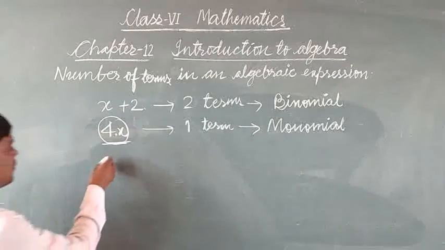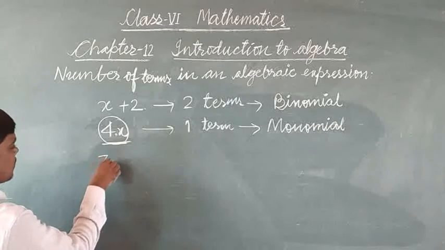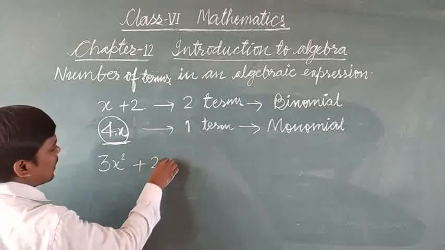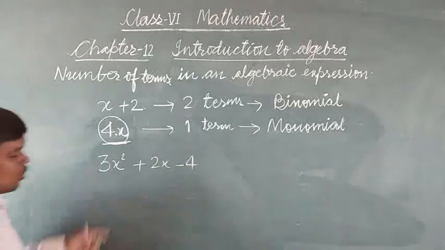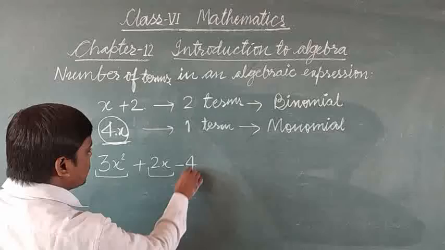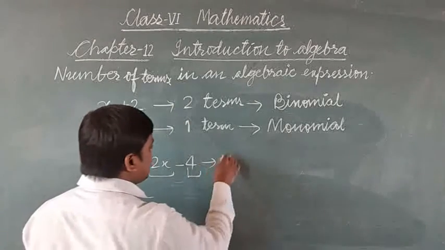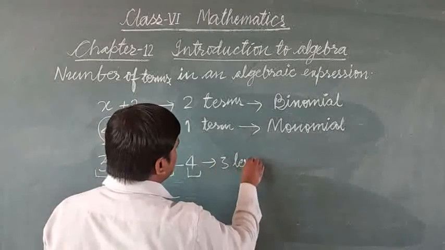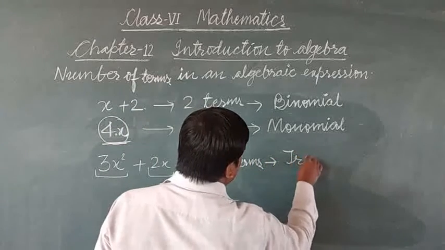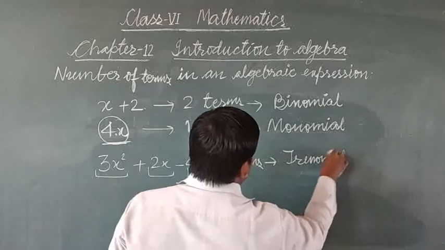If we have 3x square plus 2x minus 4, you see here 1 term, 2 and 3. There are 3 terms, so this is called a trinomial.